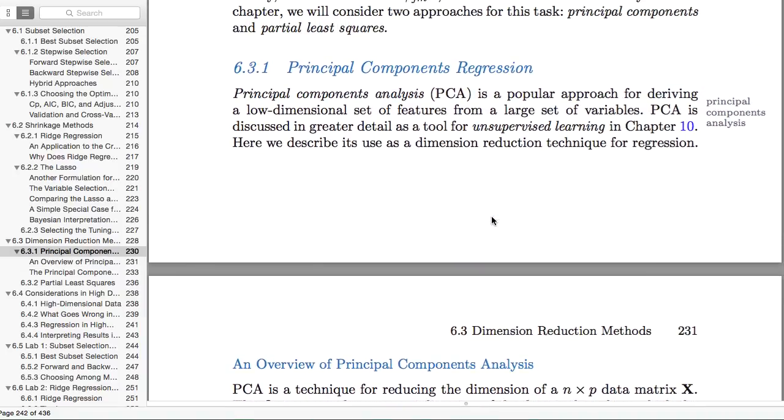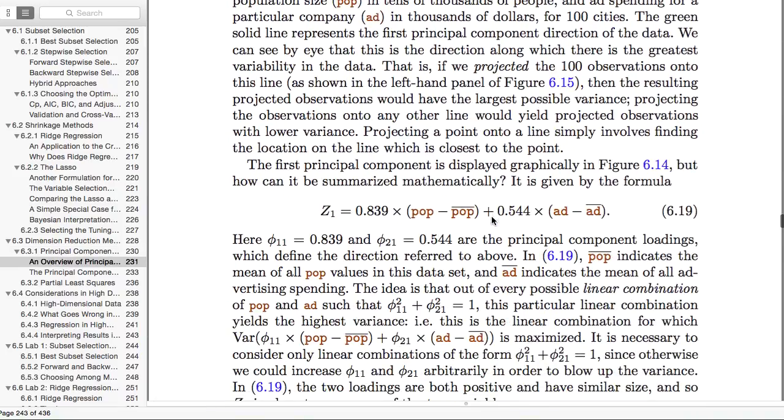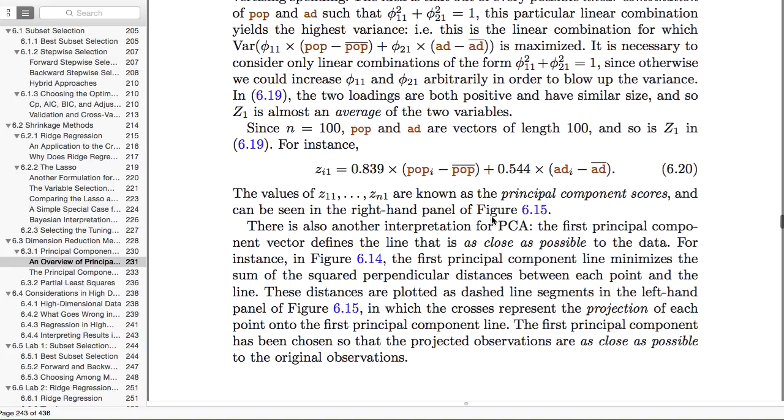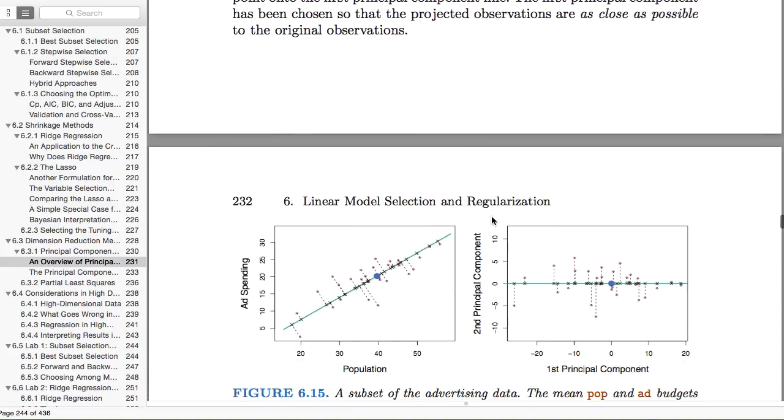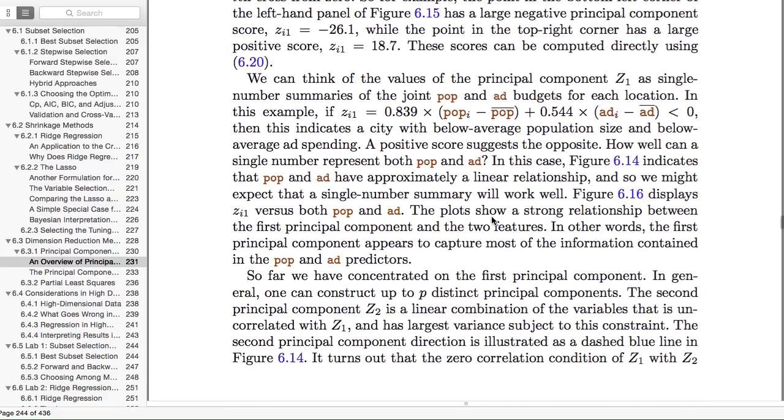We're making the assumption that, well, I'll just say it. I can't find where it is in the text.